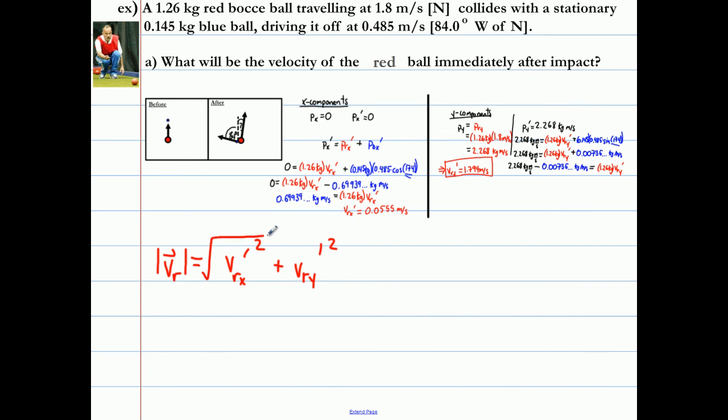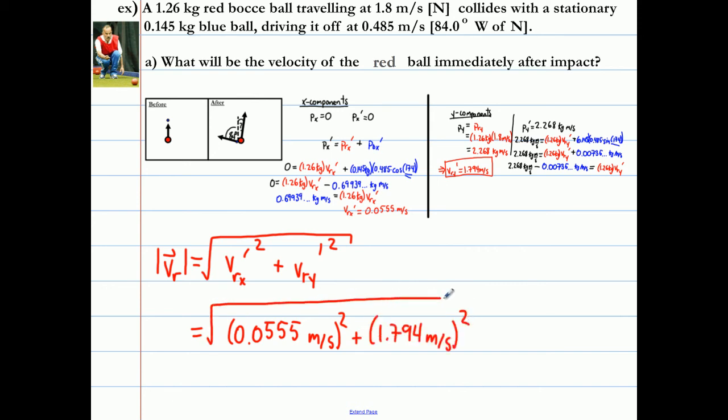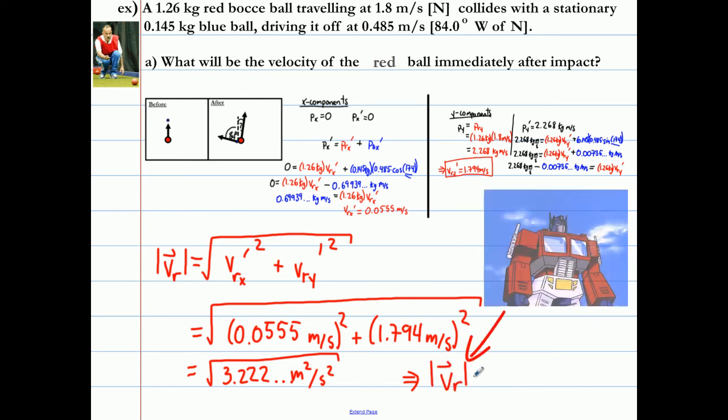So this will give us the final speed of the red ball, so post collision. So the inside there we get about 3.22, and the units on that are meters squared per second squared, and when we square root it, the units will work out to meters per second.